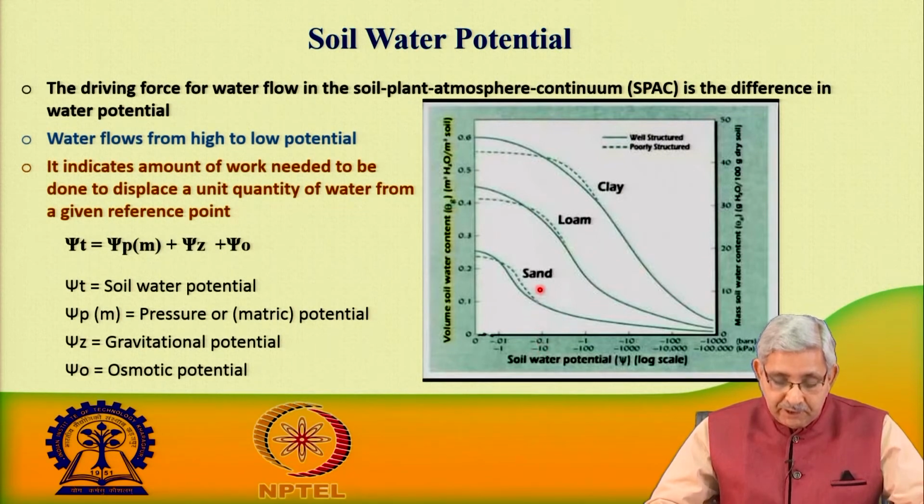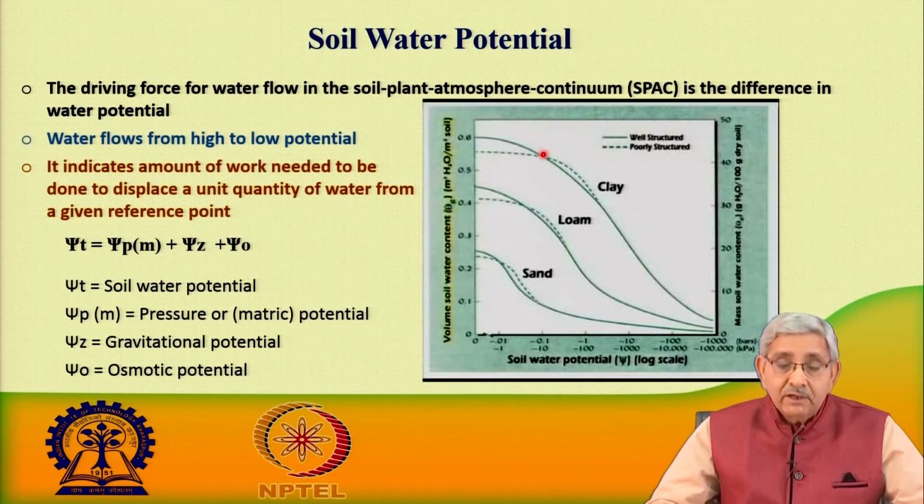If I put it here, say it is a 10 kilopascal soil water potential or soil moisture tension. If I say soil water tension is 10 kilopascal, or in tension when we are putting it as a negative part, that is minus 10 as written here, the value of volumetric water content is 0.1. For the same 10 kilopascal case, the moisture content is high in case of loamy soil, and for the same soil water potential in case of clay soil, the value is considerably high.